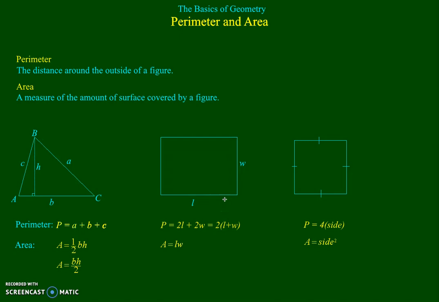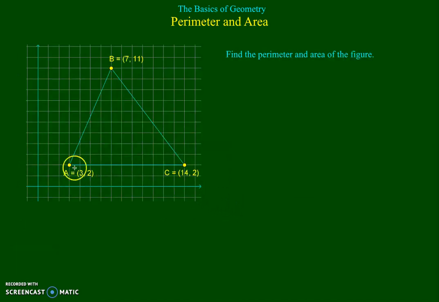All right, so let's move on and look at an example and see if we can calculate that out. In this figure, we're looking for the perimeter of this triangle and the area of that same triangle. Now we have the coordinates for points A, B, and C, so we should have all the information we need.